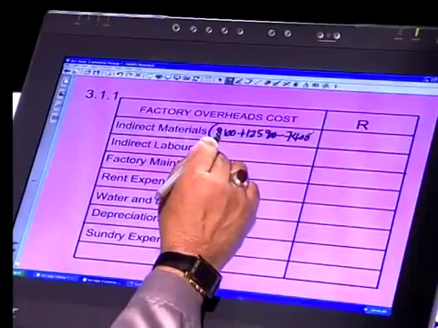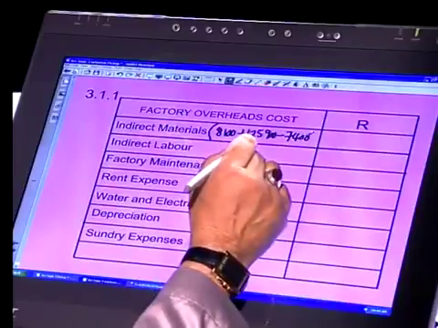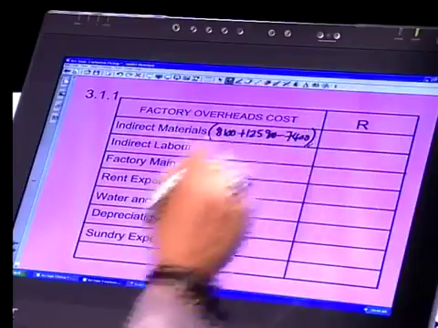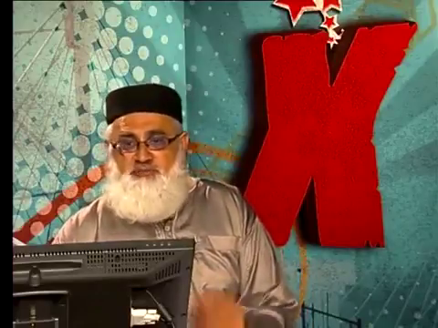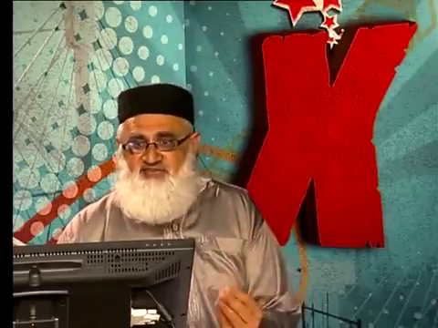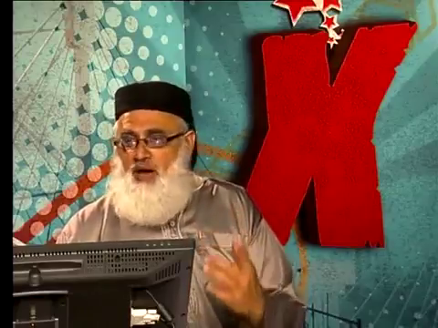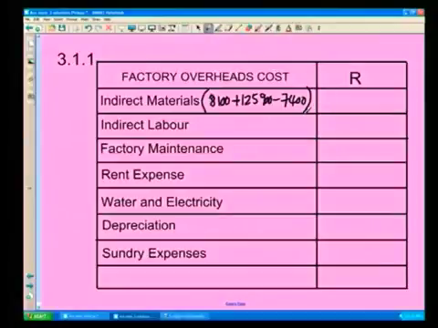How much? 7,400. So therefore, minus 7,400. Do you see what I've done? I've taken my opening stock of materials plus what I've purchased minus what I've got left over at the end of the year. So please, an appeal to you, show your calculations because part marks are given for these.